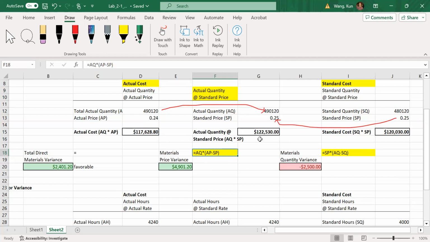So you are doing the calculation directly here, but if I were to answer a multiple choice question, that's how I'm going to do it.